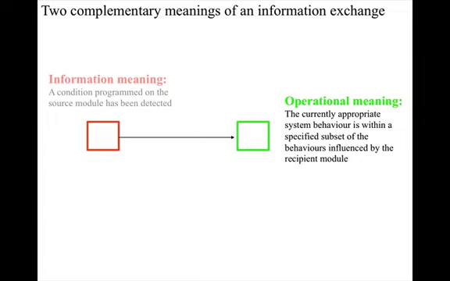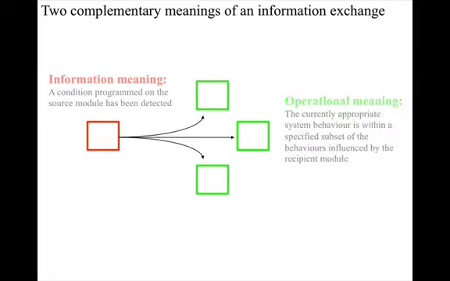For the green module, the condition detection means that of all the behaviors that are influenced by that green module, only the behaviors in some limited subset could be currently appropriate. So for the recipient module, the condition detection limits the range of possibly appropriate behaviors. Of course, that behavioral meaning will in general be different for each module that receives that same condition detection, even though it's the same condition detection being shared.